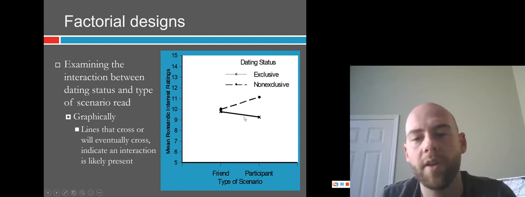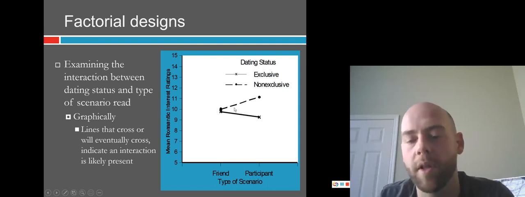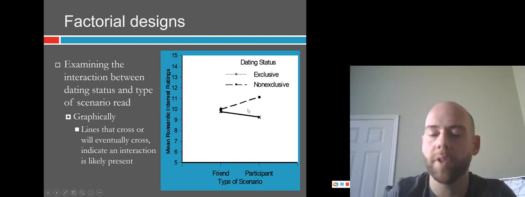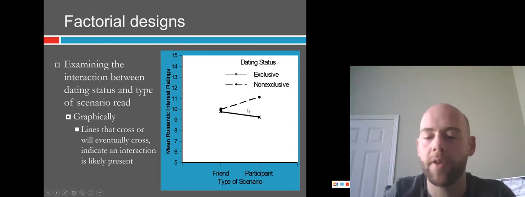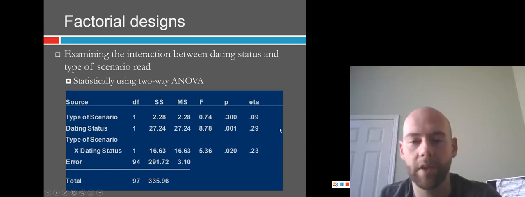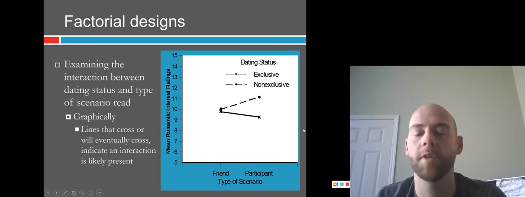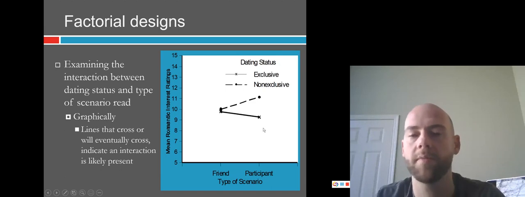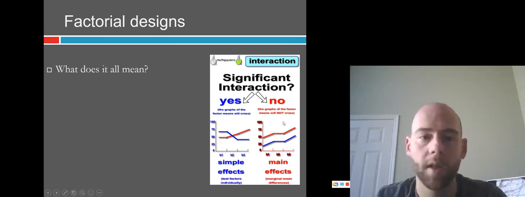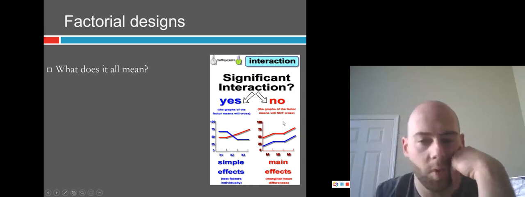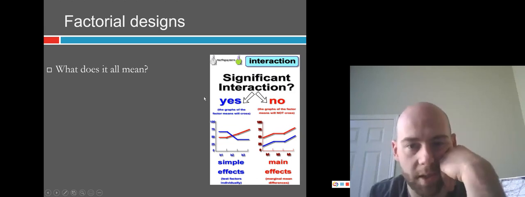But you can't really just look at a figure and eyeball it and say, yes, there's an interaction. I mean, it seems pretty obvious, but you need to really pair that observation with output like this to know for sure what it is, and then be able to give yourself an idea of what it actually looks like. Okay, so altogether, what does all this stuff actually mean?